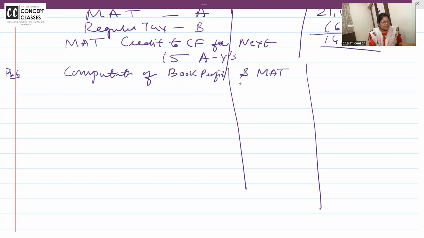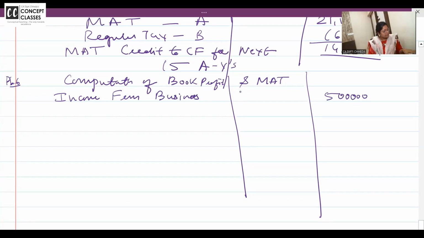Let us start first with income from business. Income from business 5 lakhs. Dividend received during the year.